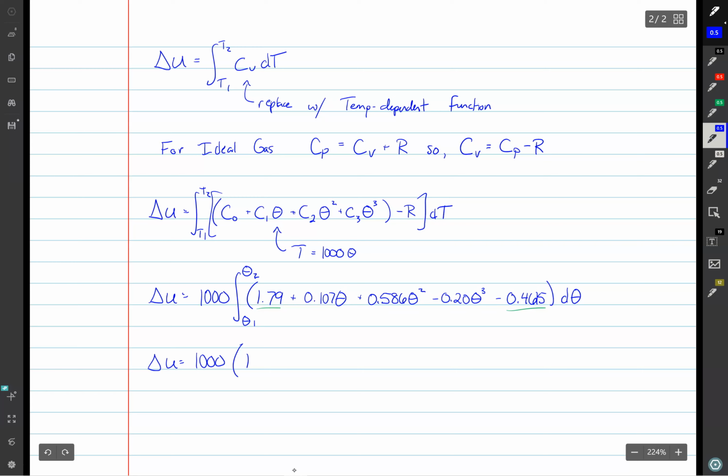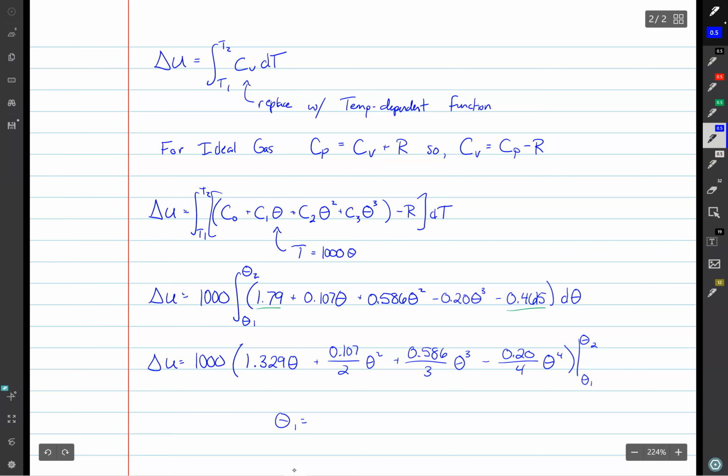We'll combine those into our first term. 1.329 theta plus 0.107 over 2 theta squared plus 0.586 over 3 theta to the third minus 0.20 over 4 theta to the fourth. This would all be evaluated from theta 1 to theta 2.